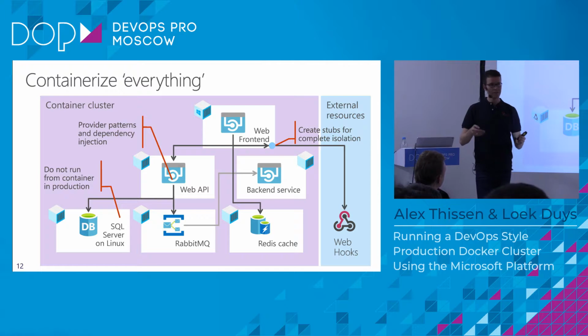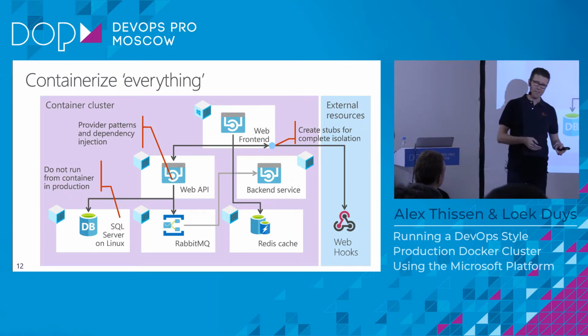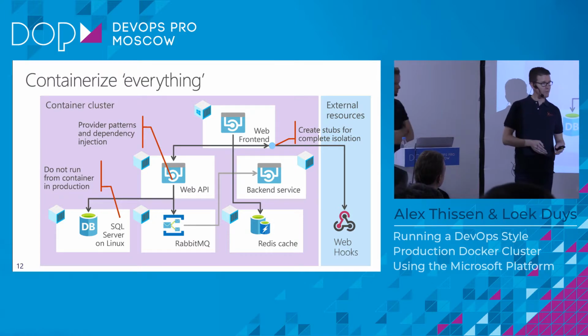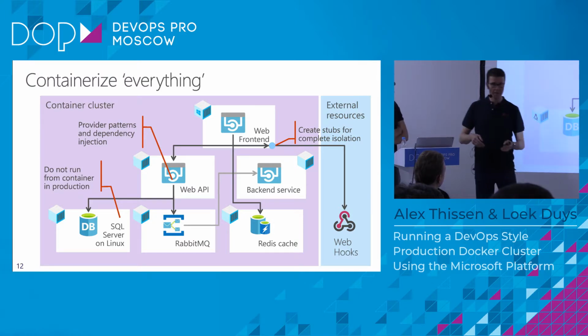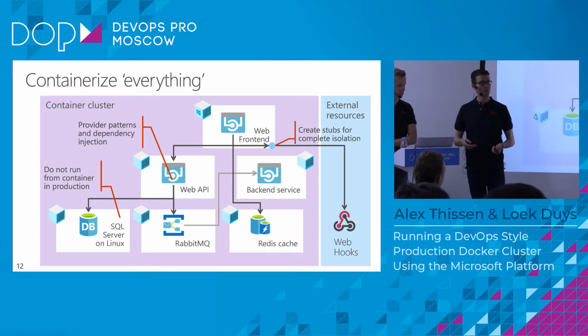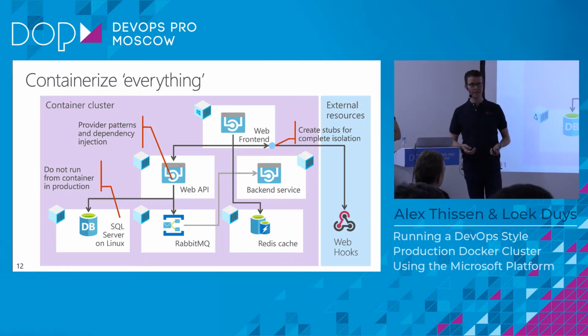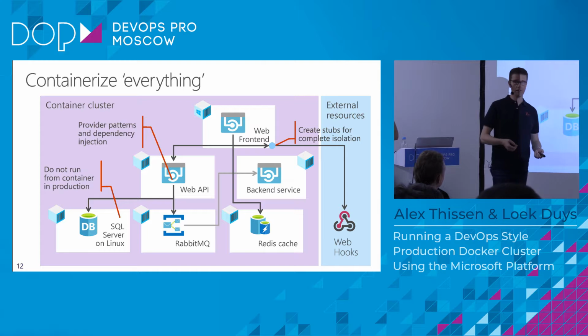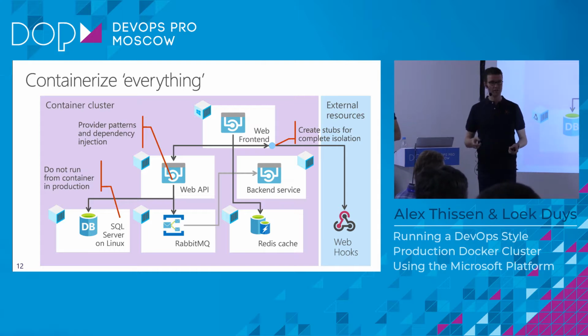So you decide at runtime: I am either in a test environment, so I will use a containerized version of my database, or I'm in production, so I will use the actual SQL Server. You can apply the same trick to Service Bus and replace it with something like RabbitMQ, an open source queuing system which offers similar functionality. Likewise, you can swap Azure cache for Redis.